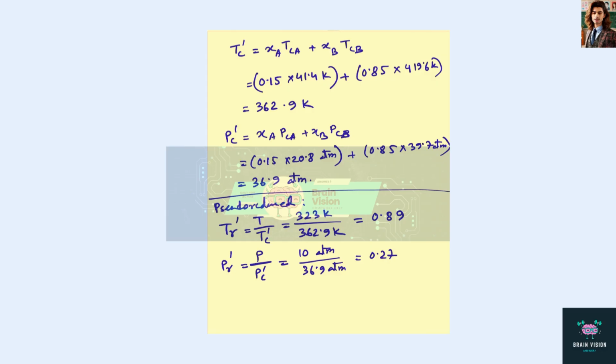Now for this pseudo-reduced temperature and pressure, the Z factor is 0.86. Now we have all the information and we can move on and calculate the diameter of the pipe.